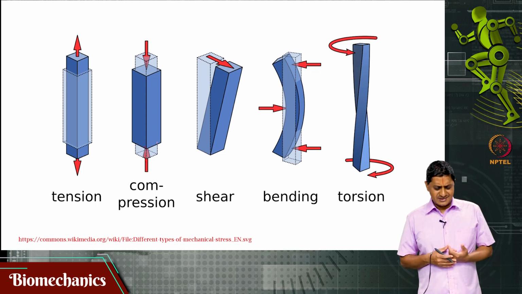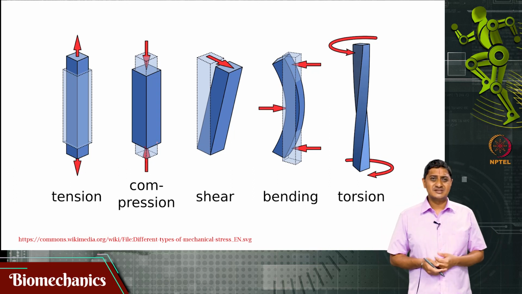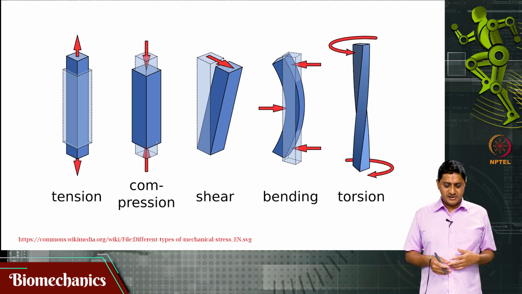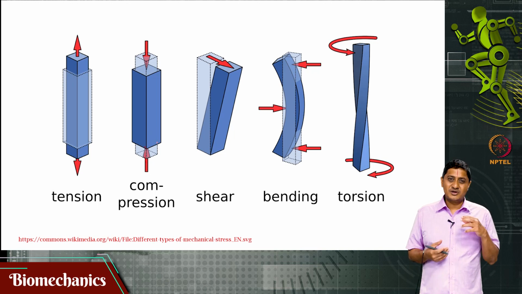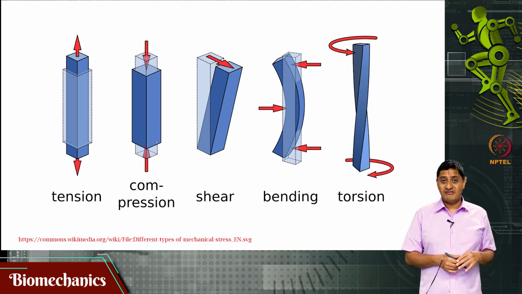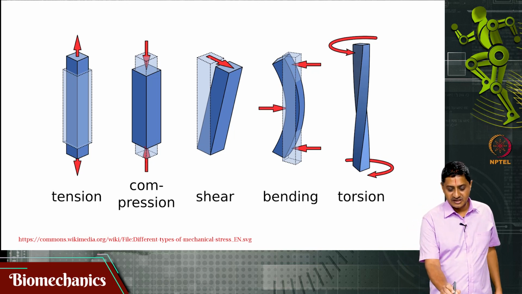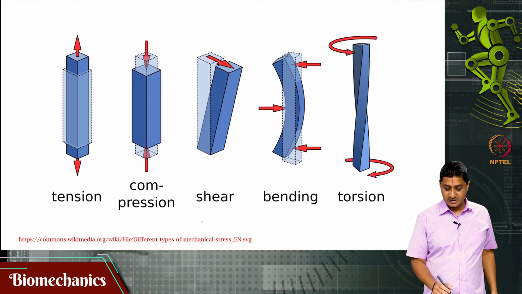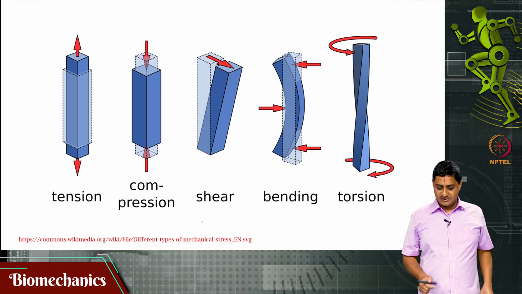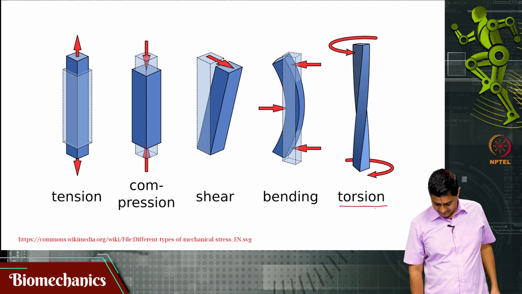Of course, there is an exaggeration in the amount of deformation shown. These are actually large deformations, but what you can actually observe is a much smaller deformation, and those are the ones usually studied and experimented upon. But unless we show a finite deformation, you can't see it on the slide. And then a material can undergo shear, you can bend a material, and you can twist or cause torsion of this material.